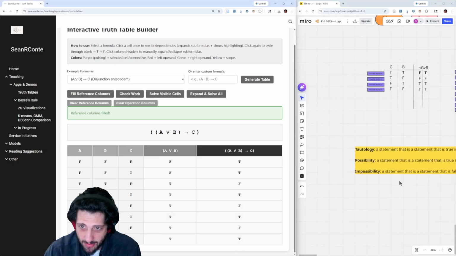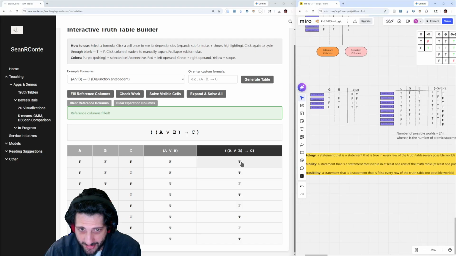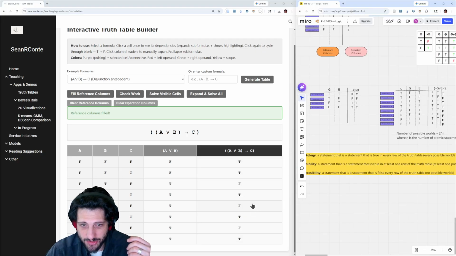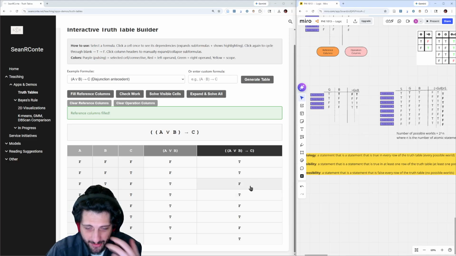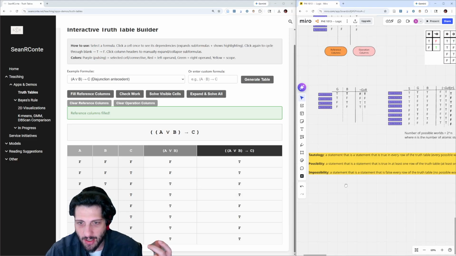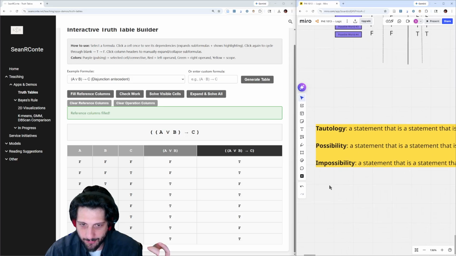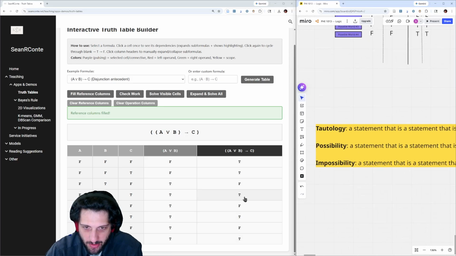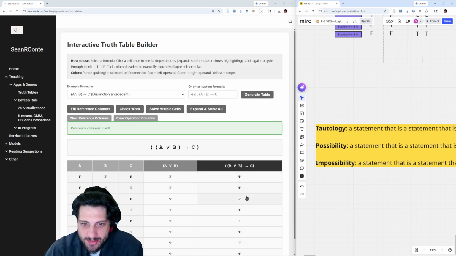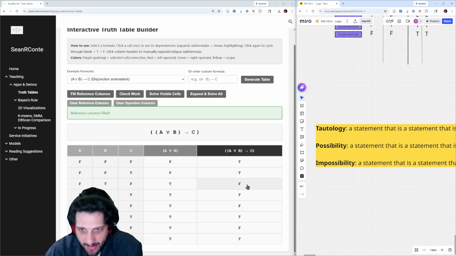In this case, tautologies are the things that are always true. So this is not a tautology, because there are worlds where it turns out false, and tautologies are true in literally every single world. It's also not impossible, because there are some cases where it's true. It's not false in every possible world. So in this case, we call it a possibility, but not a tautology.